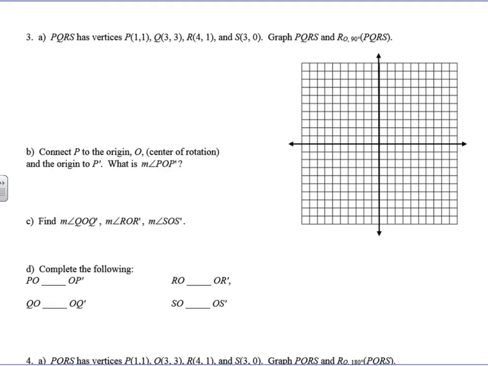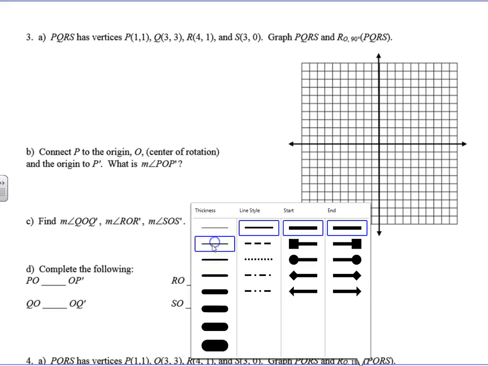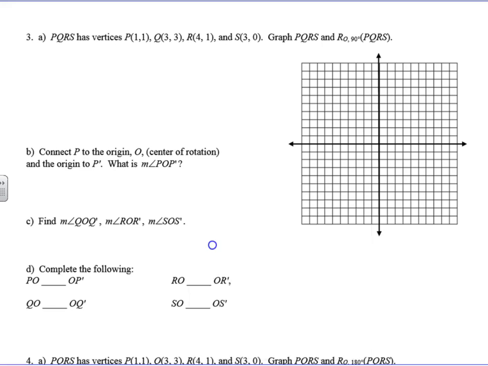All right, so let's go ahead and do a few of these, show you how I like to write it out and how I would encourage you to do that. So we're going to start with the points. I like to write them out like this, again, in the vertical lineup. Q is 3, 3, R is 4, 1, and S is 3, 0.